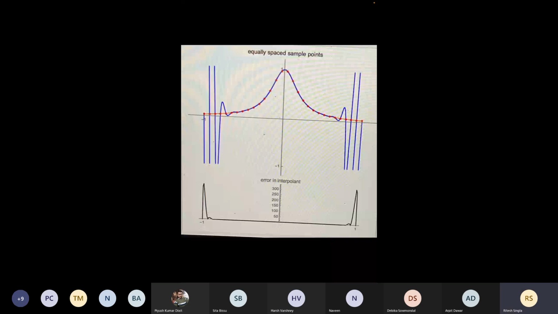Okay, let me give you a brief idea about it. So you have f of x, 1 upon 1 plus 25x squared.